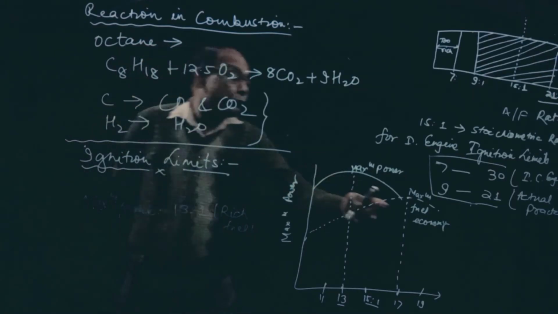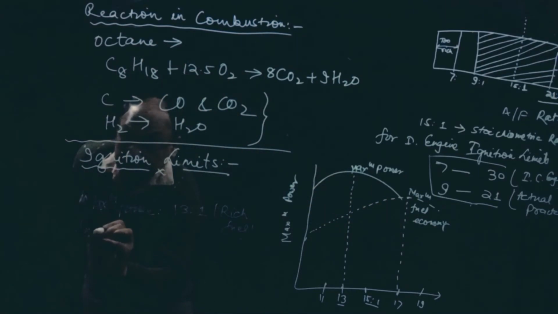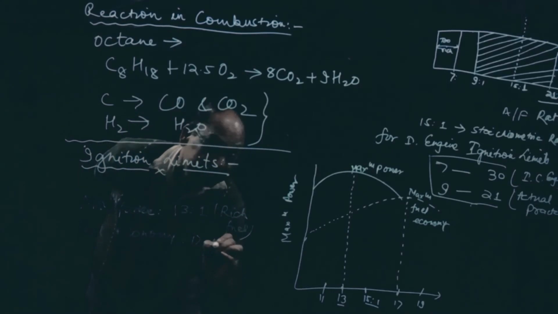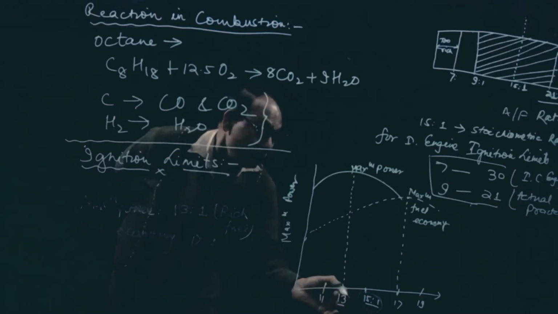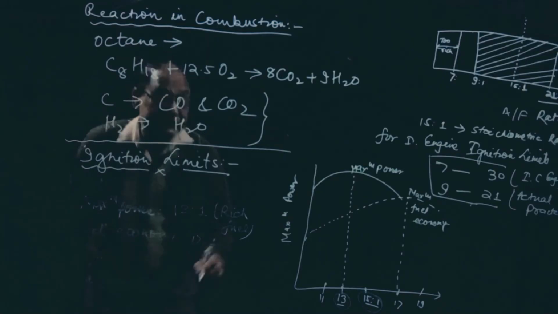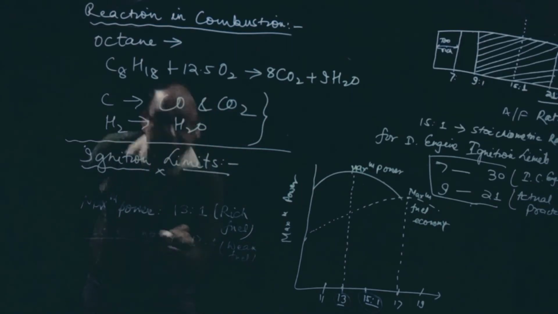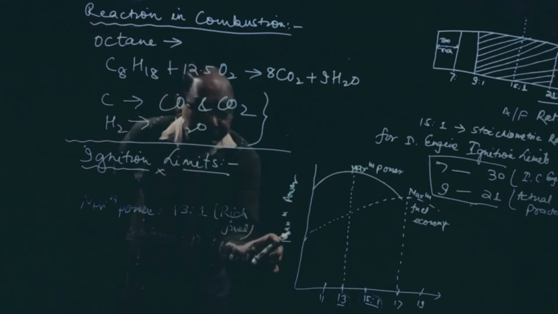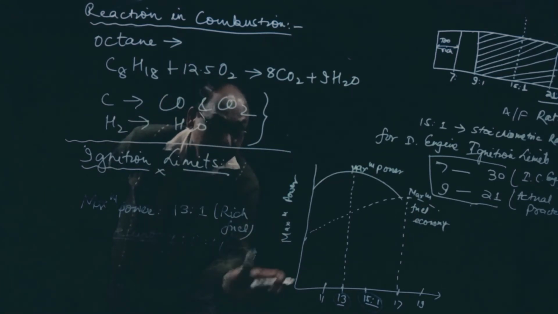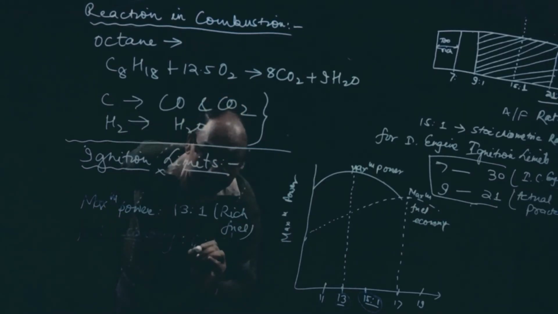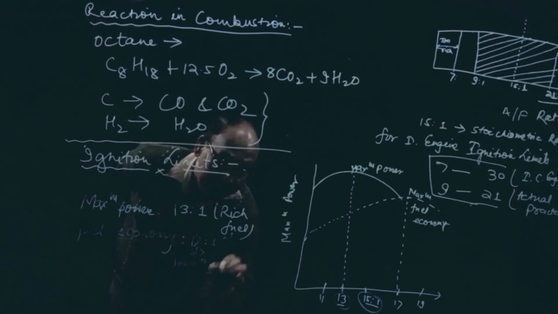So it is better to go for fuel economy. The fuel economic ratio is 17:1, neither 15 nor 13. This is called weak fuel, but it gives the maximum fuel economy. So we cannot call it weak fuel, though it is the ratio of 17:1. It gives better fuel economy, that is, minimum specific fuel consumption.